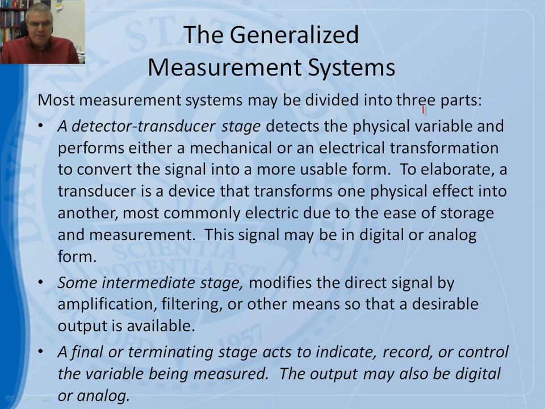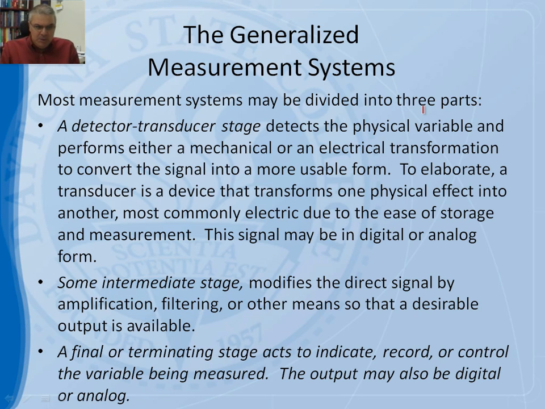In most measurement systems, there's also some kind of an intermediate stage, and that stage modifies the direct signal by amplification, filtering the signal, or other means so that a desirable output is available. In other words, we try to clean up the signal from noise and other problems that may be associated with a signal.